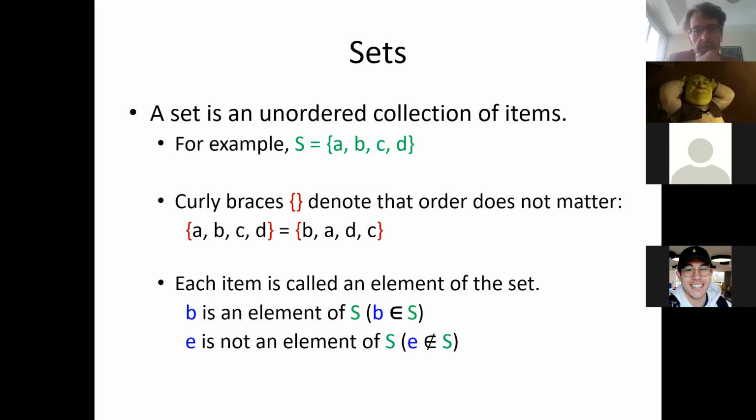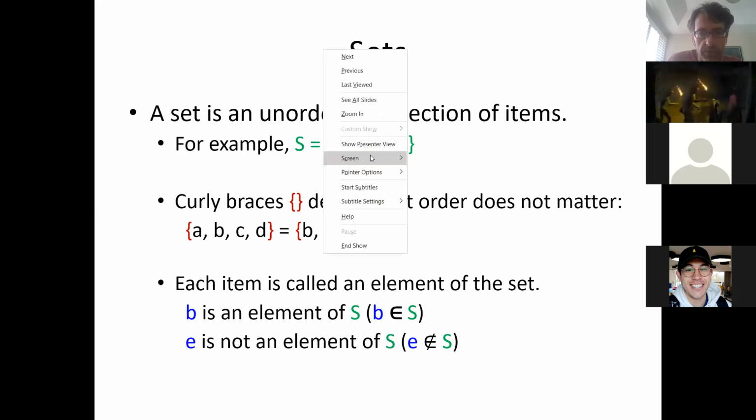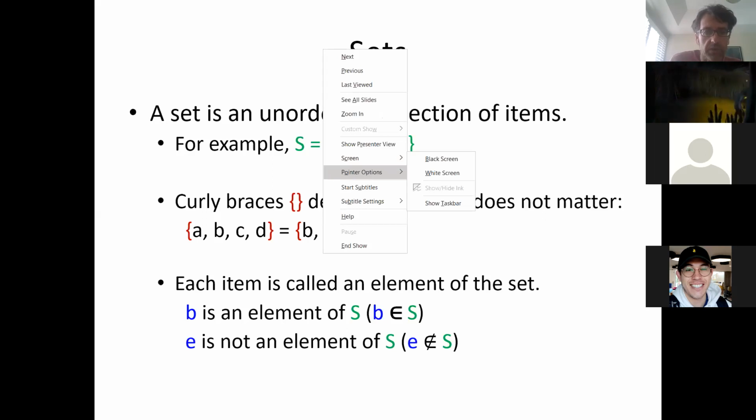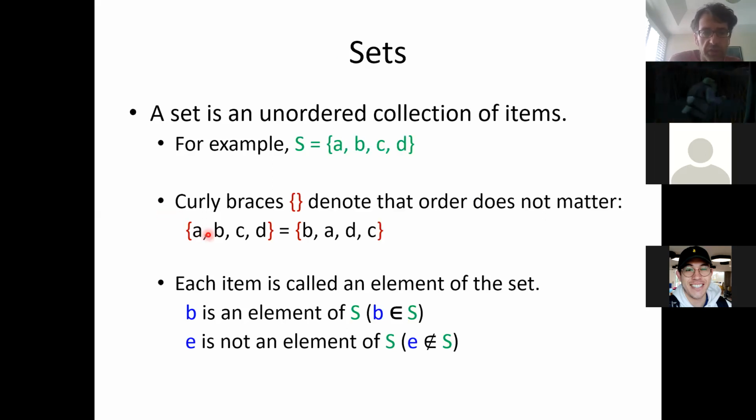So curly brackets denote sets, and the order of elements does not matter. So in here, just a second, I'll switch to, okay, get the laser pointer. So here I can reorder the elements and it does not matter, okay? These two expressions define the same sets.